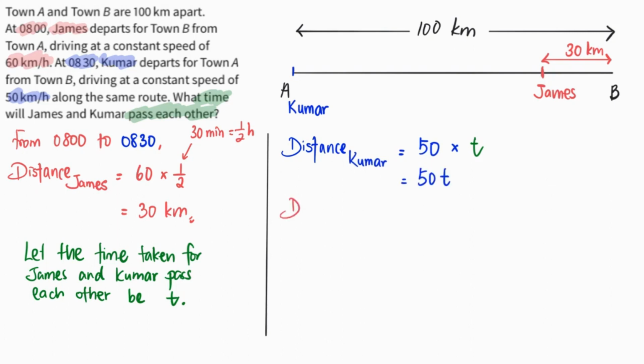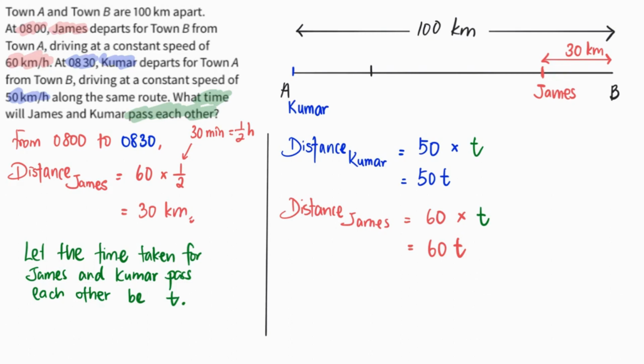As for distance by James, 60 km per hour, that's the speed. Time is also T hours, 60T.